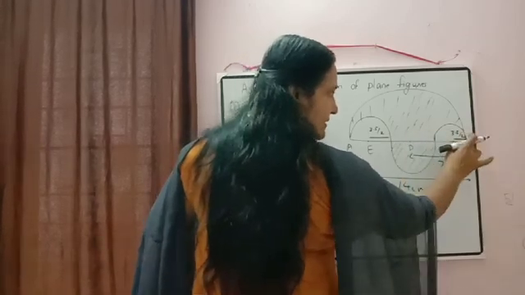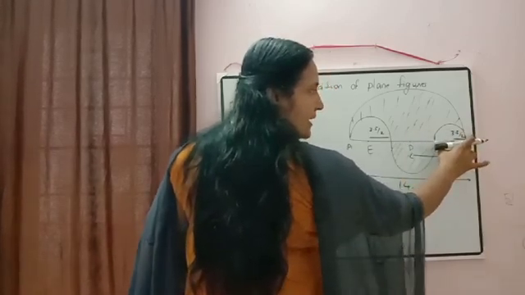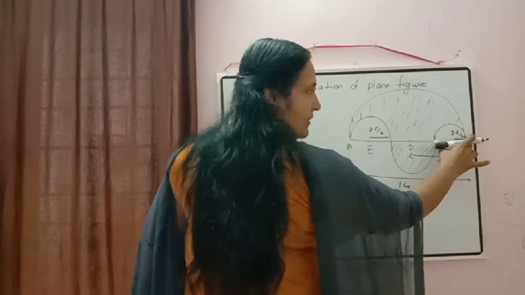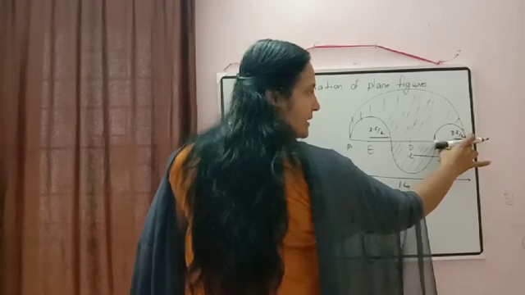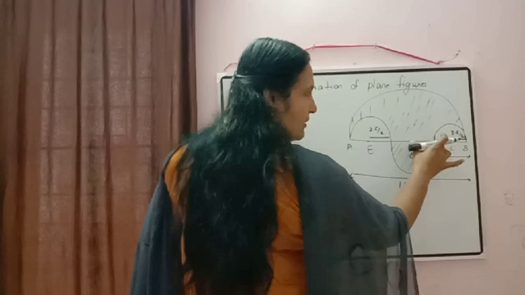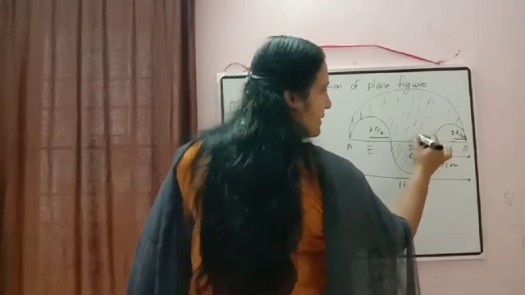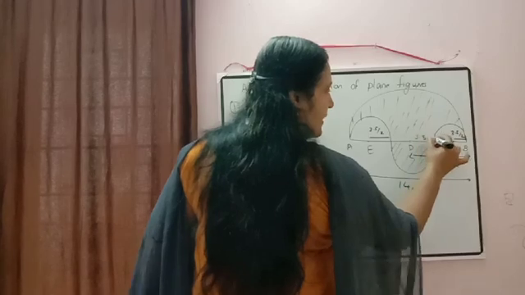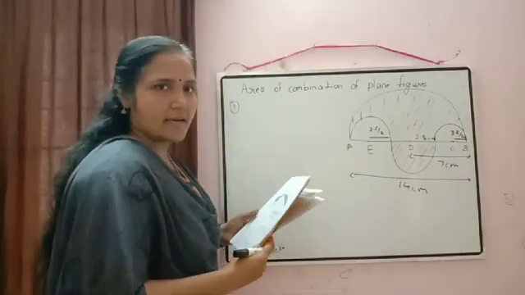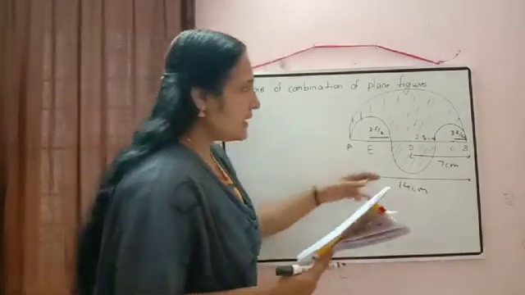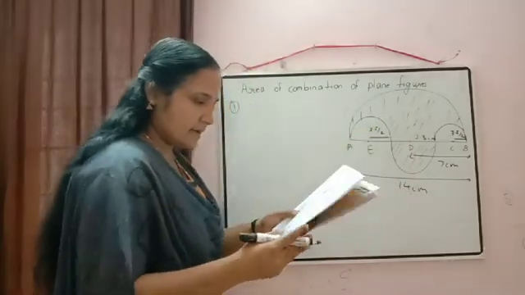So till here the length is 3.5. Can you tell me what will be the radius of this semicircle? Yes, that will be equal to 3.5 centimeter. Clear? So now we got the radius of all the semicircles.